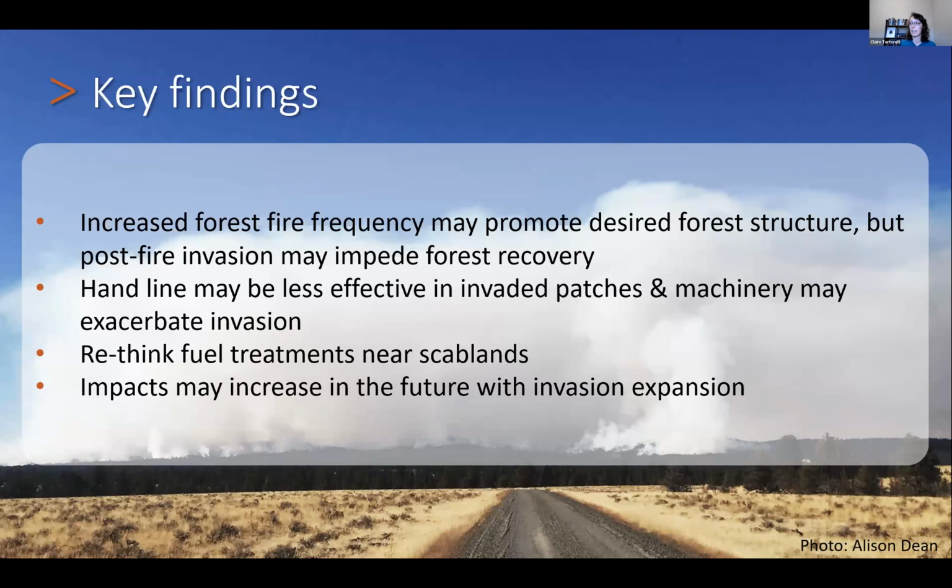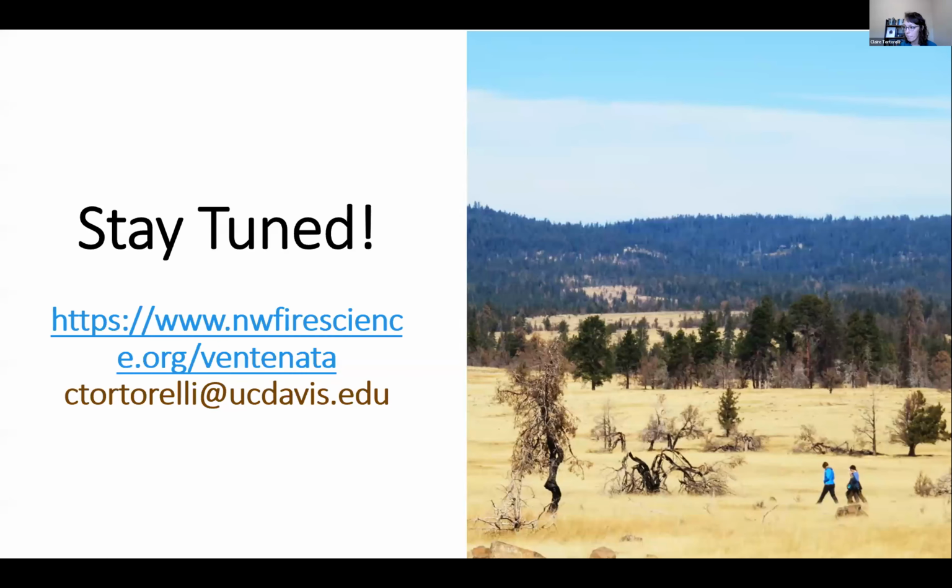Hand lines may be less effective in invaded areas. We might need to bring in machinery, and machinery can exacerbate invasion, so it may be another one of these positive feedback cycles. We might need to rethink fuel treatments in and around our scablands if these are no longer acting as natural fire breaks. And these impacts may continue to increase as we predict the invasion will continue to spread.